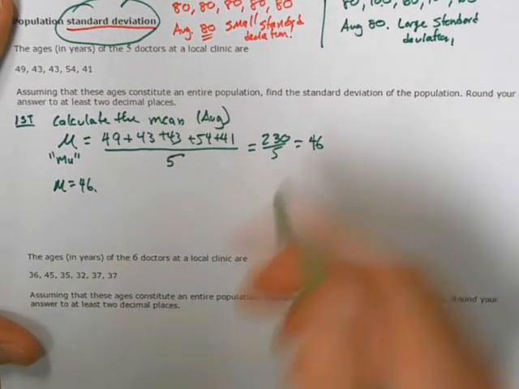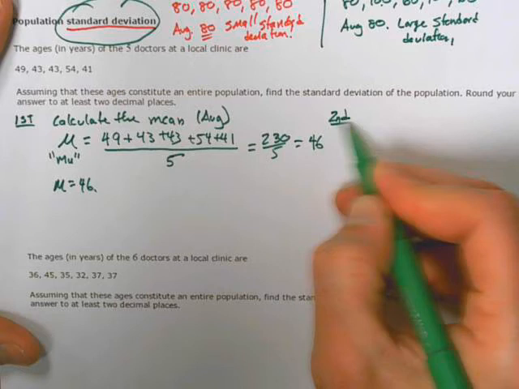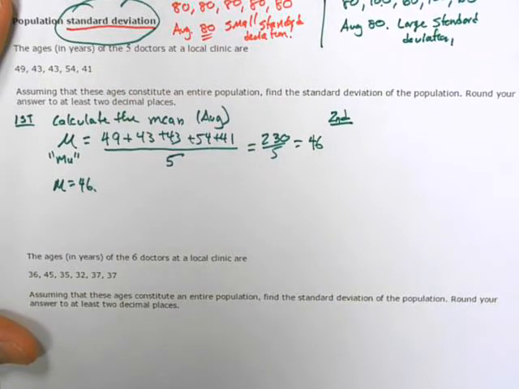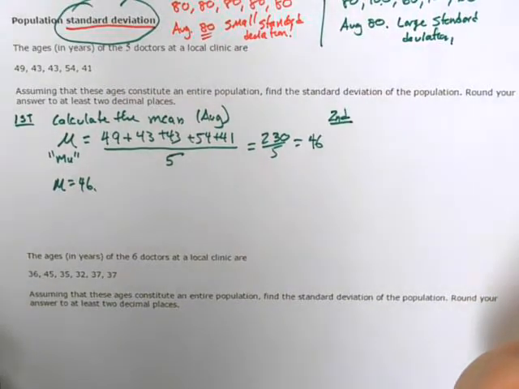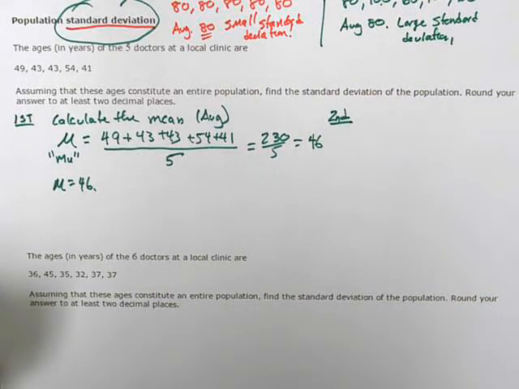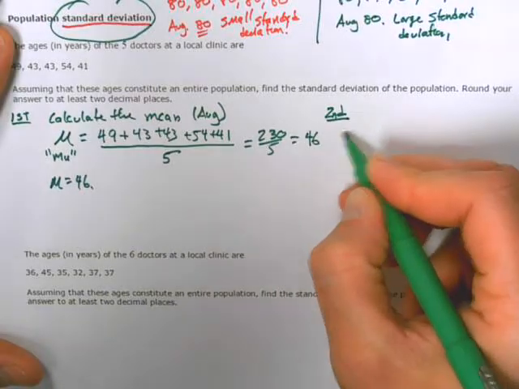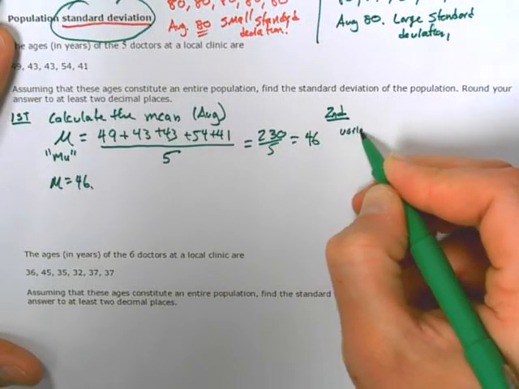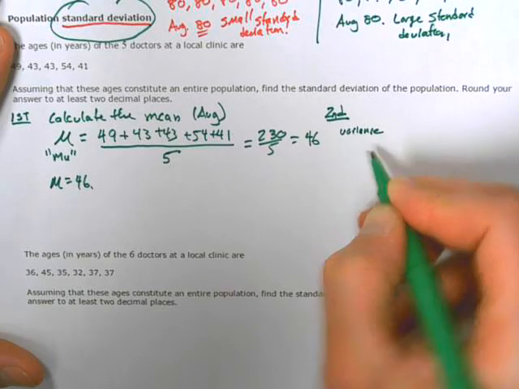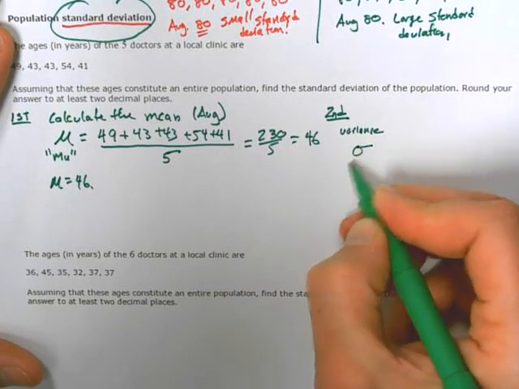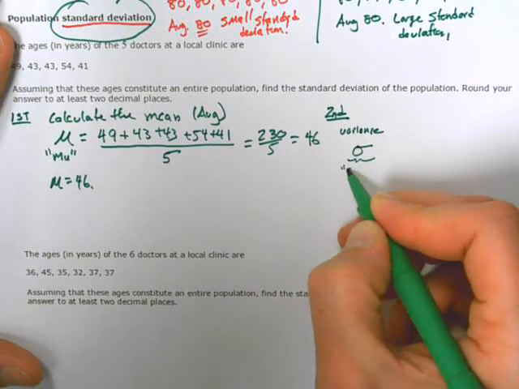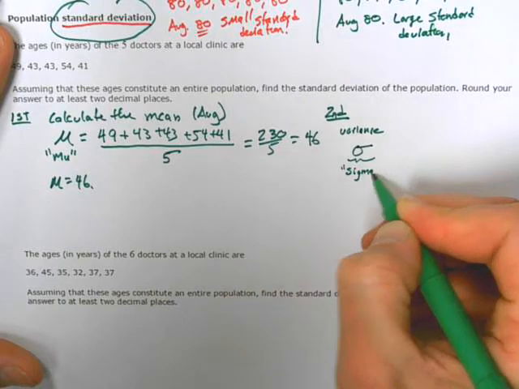Now the second thing that we're going to do is square the differences between each of the ages. This is going to be called the variance, which is going to be denoted by the Greek letter sigma squared.